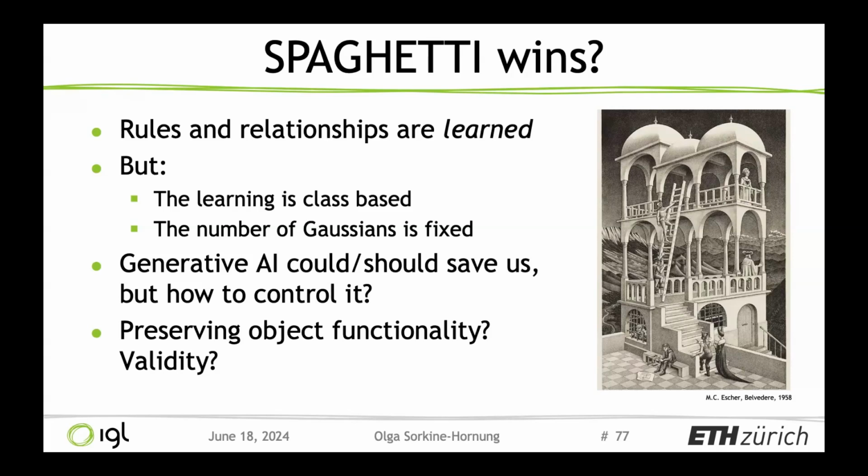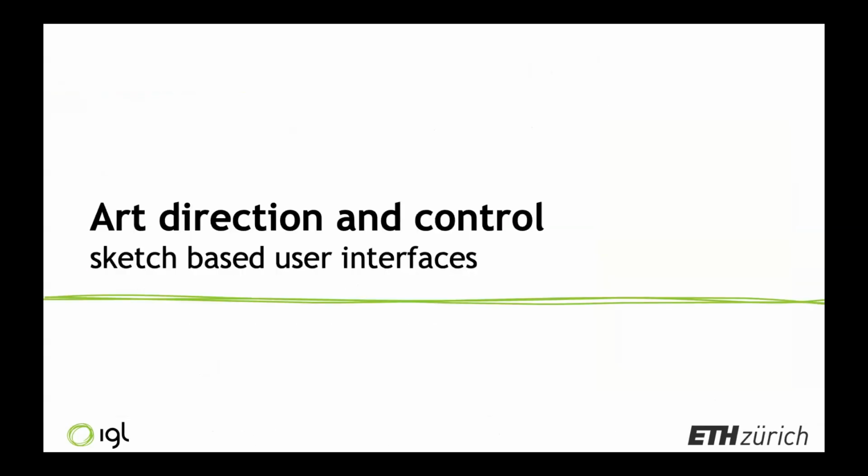So I think these are the challenges that we have, and maybe if I can steal 2 more minutes, I just want to talk about this point a little bit more, this art direction and control by the user, or again, by an algorithm.